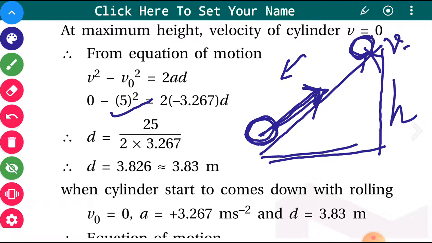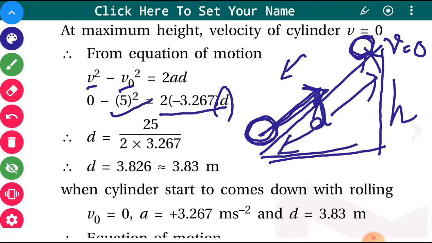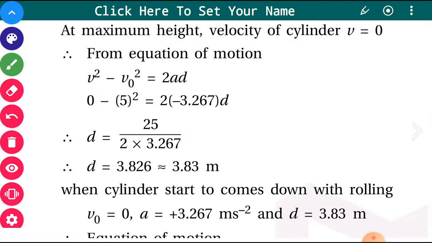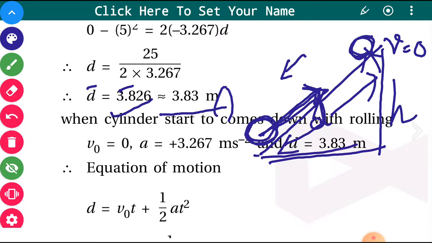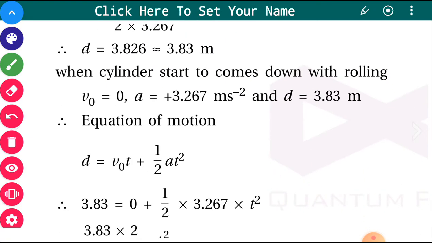Final velocity v is 0, V0 is 5. 5 square is equal to 2 into whatever acceleration we got, minus 3.267, into the distance traveled on the inclined plane. So it can be easily found, 3.83. We can say it will travel a distance of 3.83 meter on this slanted plane.